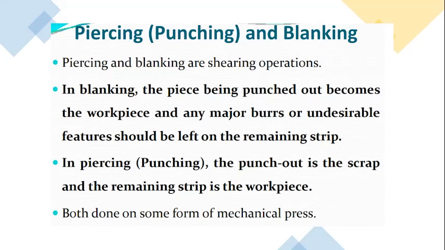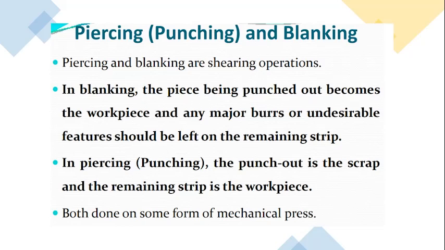If you get confused between blanking and piercing, see, piercing and punching are almost the same. There is only a size difference. If the size is more, then it is punching. If the size is less, then it is piercing.